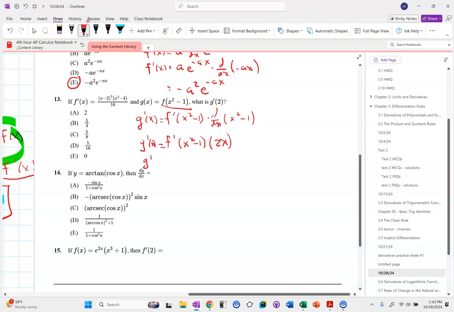So now I'm going to plug in 2. 2 squared minus 1 is 3, and 2 times 2 is 4. And now to do this piece, I'm just going to be plugging 3 into that.